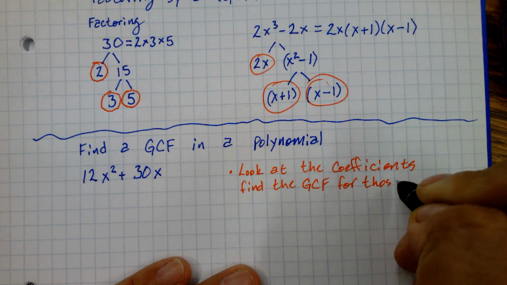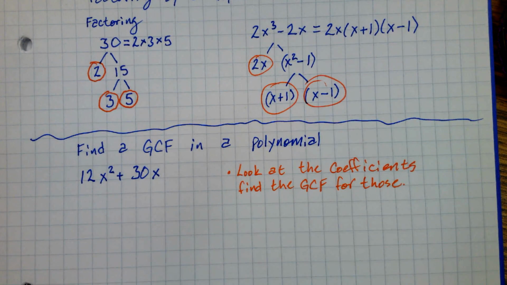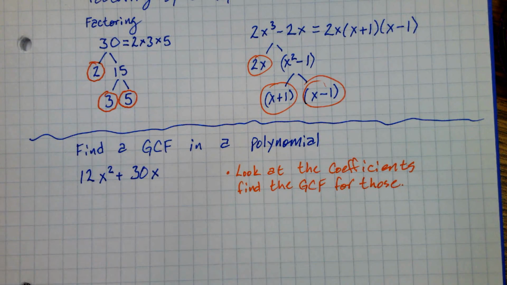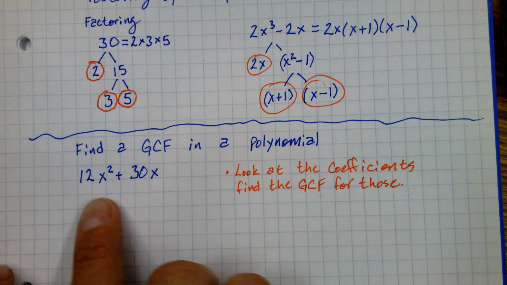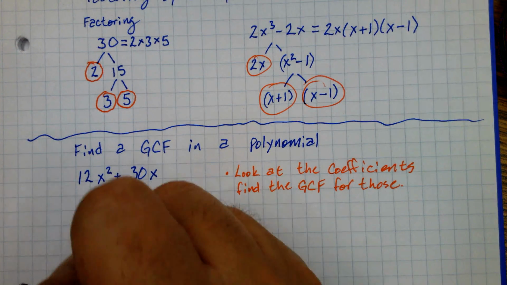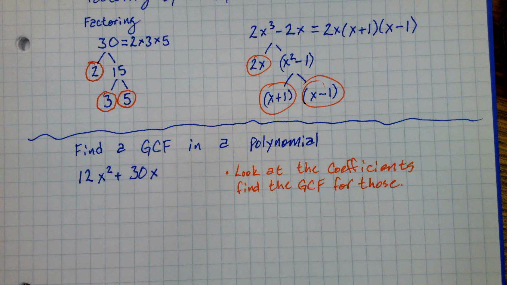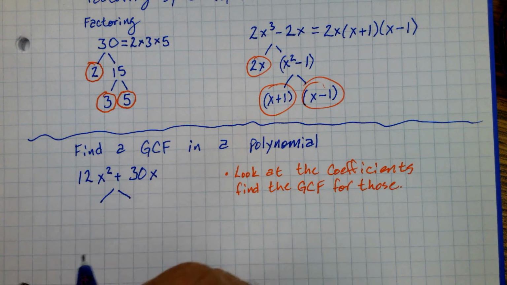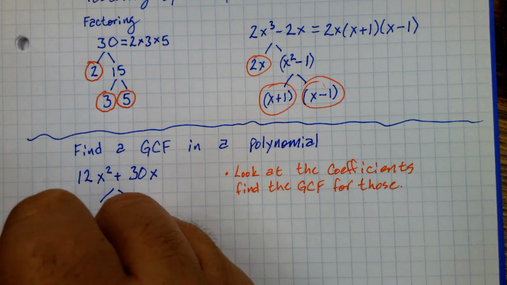Or those, I should say, because it could be 2, it could be 3. So here we have 12 and 30. Is 6 the largest one we can take out of 12 and 30? Anything bigger? I can't think of anything bigger, actually. I think you're right. So from these two, I could take out 6.